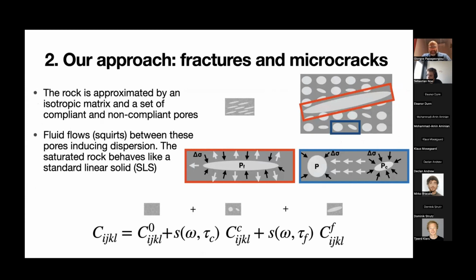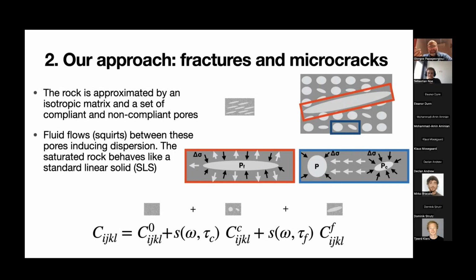The way I tackle these is based on a very well-established but mathematically involved theory, and that comes from Eshelby in the 50s. Eshelby was a very smart man who showed what an elastic matrix with an embedded ellipsoidal inclusion behaves like elastically.